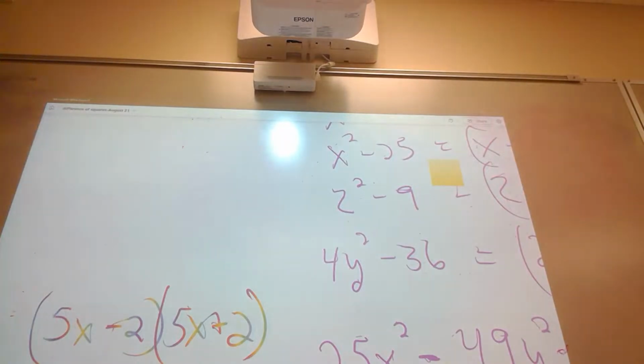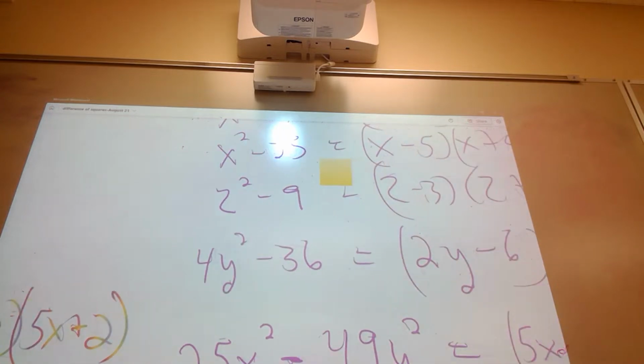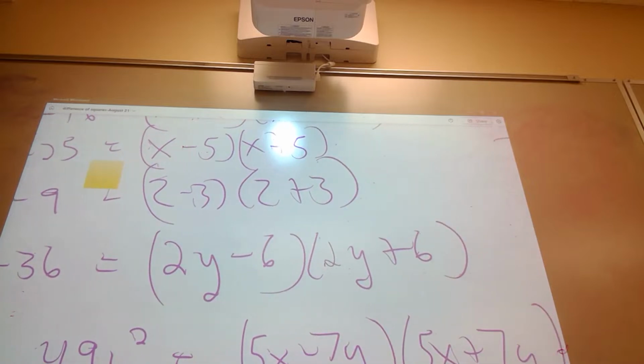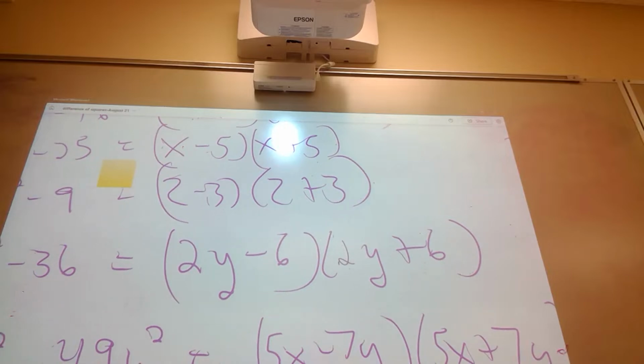Okay, so the square root of 25 is 5, square root of 49 is 7, square root of x squared is x, square root of y squared is y. So we get 5x minus 7y times 5x plus 7y. Okay, it's a simple idea, right? It's a simple equation.